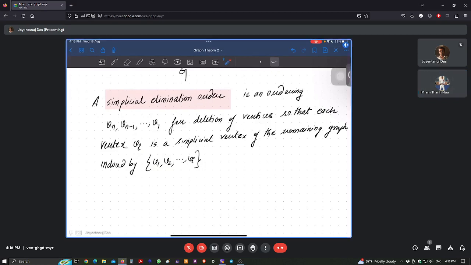When I have the full graph, it may happen that some vertex, suppose V_3 or V_4, is not a simplicial vertex. But when I delete the bigger vertices according to the ordering, what is left can be a simplicial vertex.